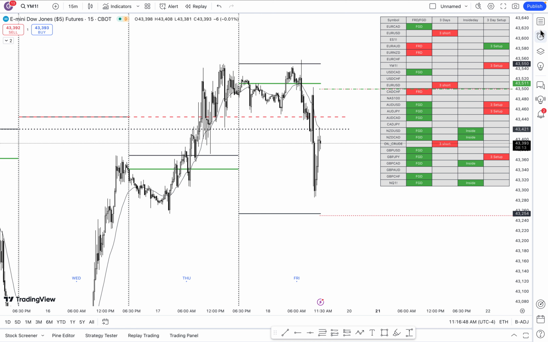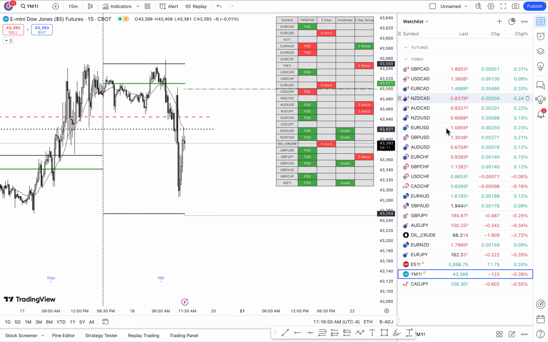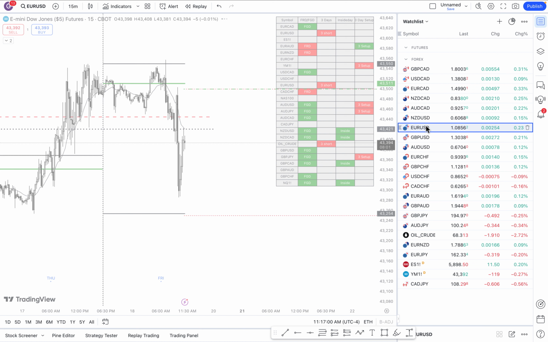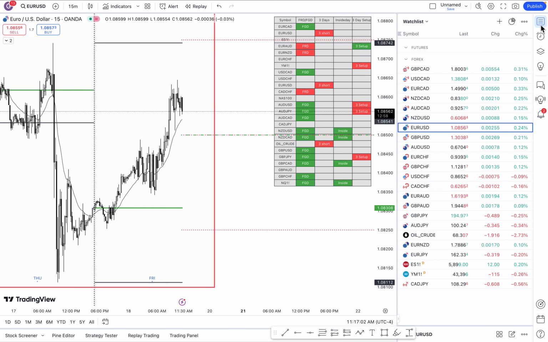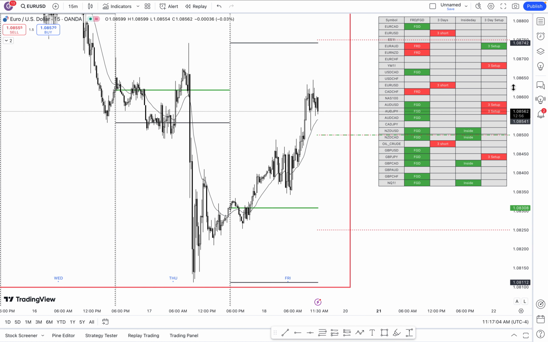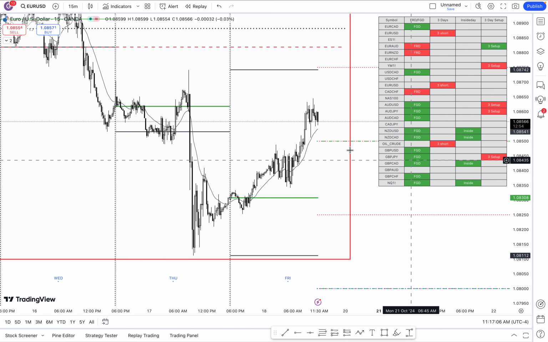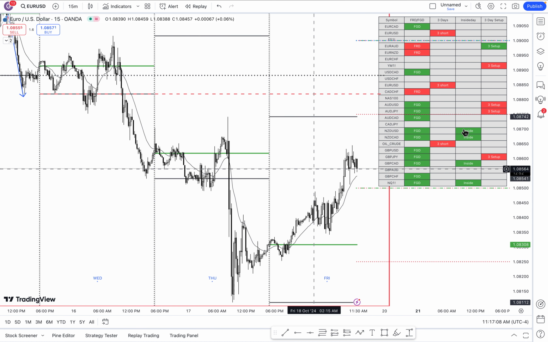Also, let's take a look at Euro USD. 3 days of shorts. We have 3 days of breakout traders in the market. They can either blow off in the direction of the trend, or they can continue, or they can reverse. Euro USD, 3 days of breakout traders, reversed back inside.